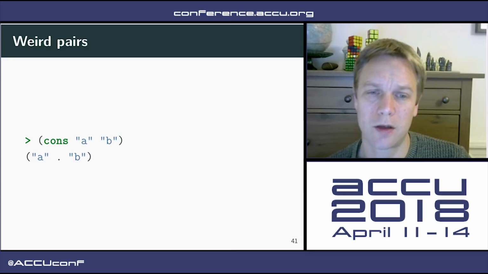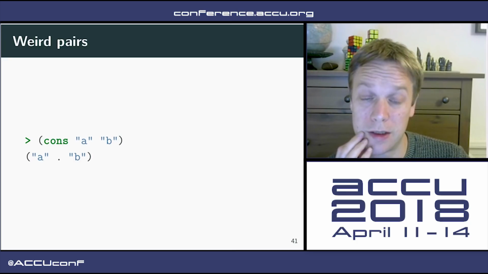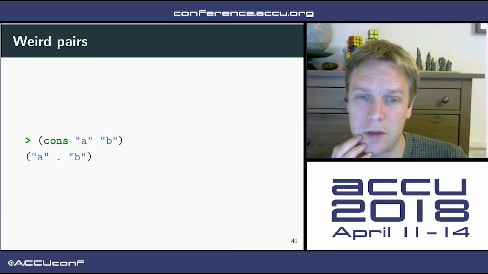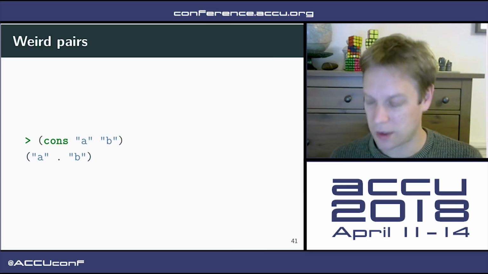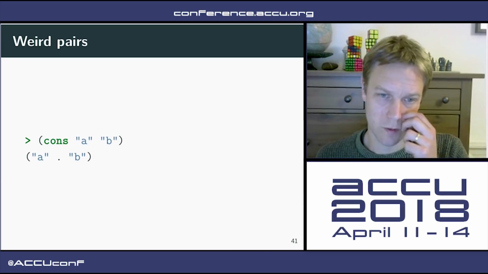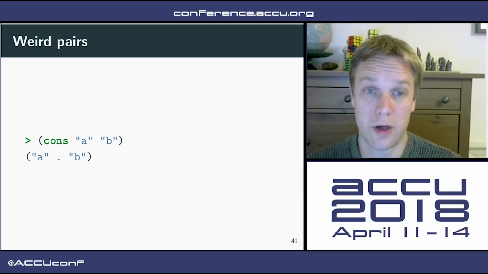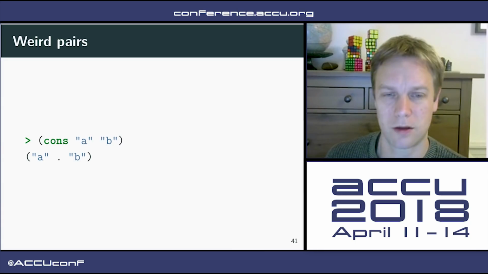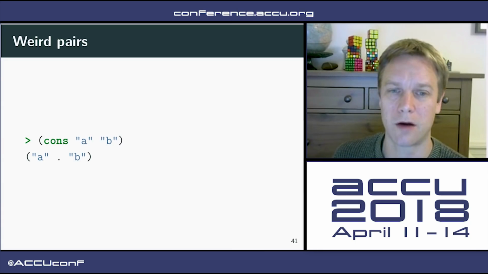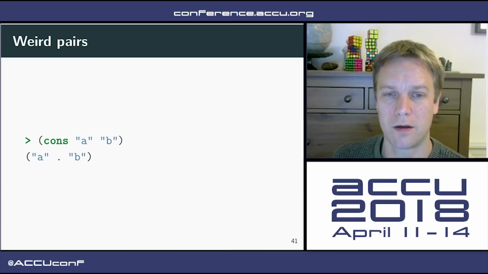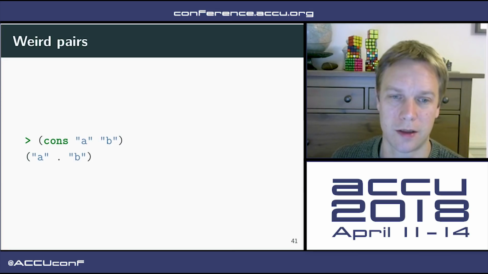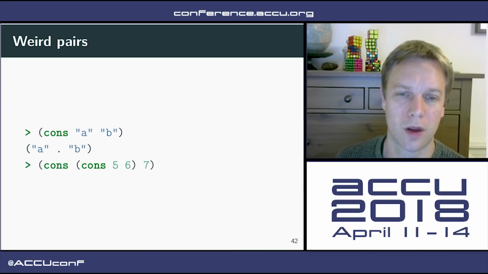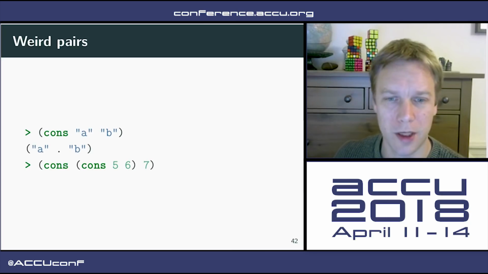So it looks a bit like what it wrote when it gave us back a list, except instead of just being a space b, it's put a dot in between them, and that's how it writes one of these things that we are now talking about, which are pairs. So what cons does is makes a pair. So we asked it to make a pair of a and b, and the evaluator printed that out as a dot b. That's just the way it prints out pairs.